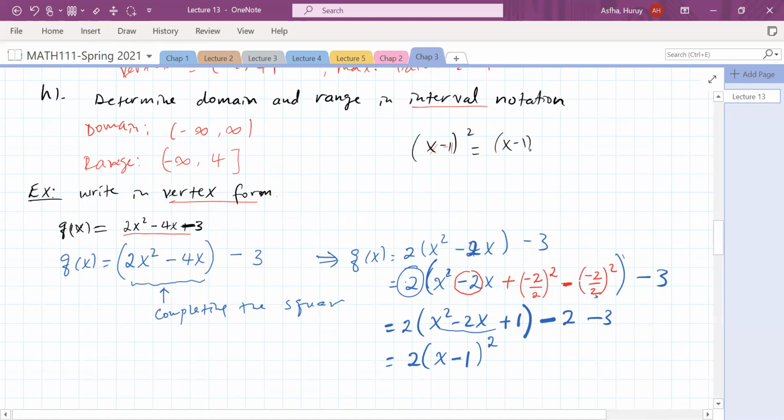Just to check, (x minus 1) squared is x minus 1 times x minus 1. If we distribute, we have x squared minus 2x plus 1, and this is exactly what we have right here.